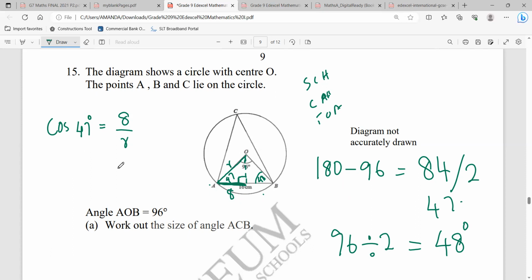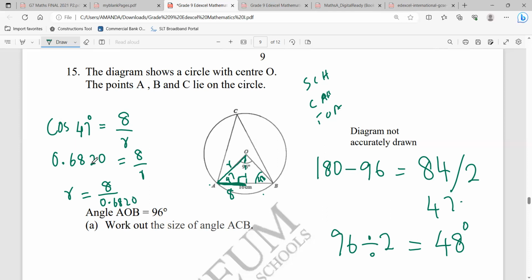Now let's find cos 47. Cos 47 is 0.6820. So that is 8 divided by R. You take R to this side, 8 divided by 0.6820, and then you can find R easily.